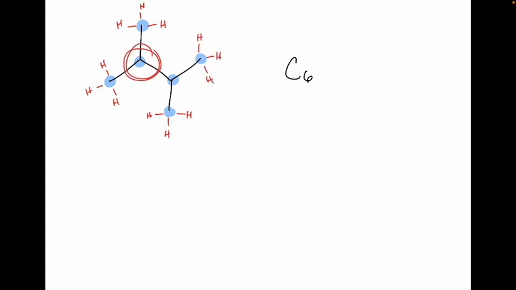All right, what about this one right here? How many hydrogens should I put on that? Just one, right? It's got 3 bonds explicitly drawn, those carbon-carbon bonds, but it still needs that 4th. So each one of these also has it. All right, so C6H14.